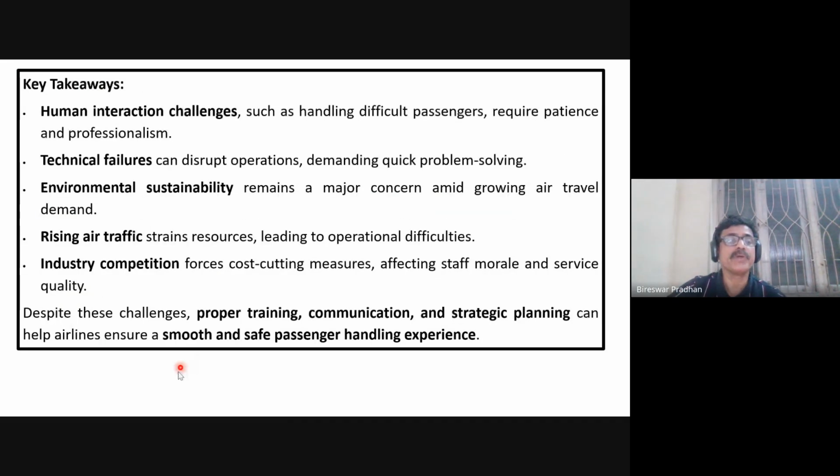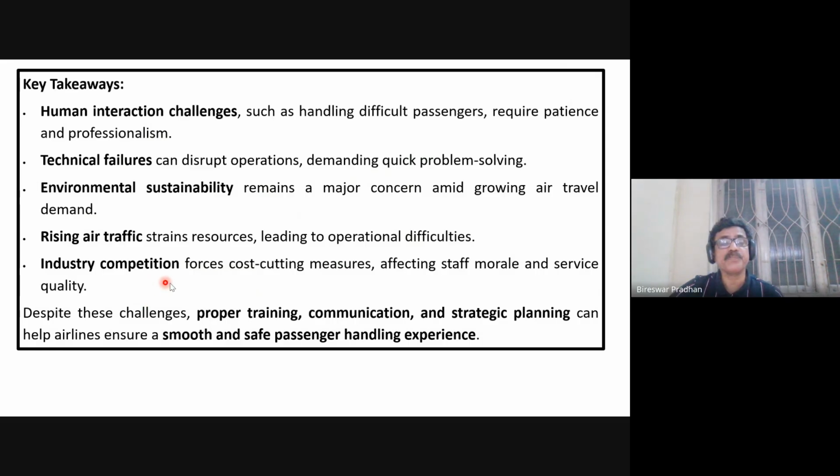Key takeaways. Human interaction challenges such as handling difficult passengers require patience and professionalism. Technical failures can disrupt operations, demanding quick problem solving. Environmental sustainability remains a major concern amid growing air travel demand, and rising air travel strains resources, leading to operational difficulties.